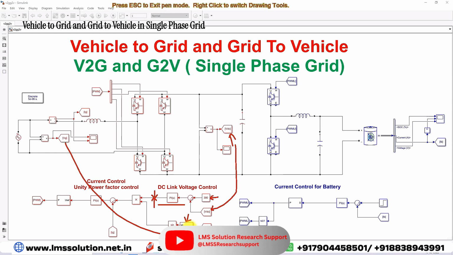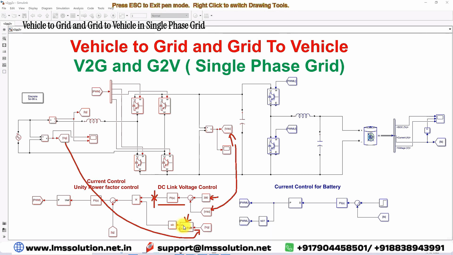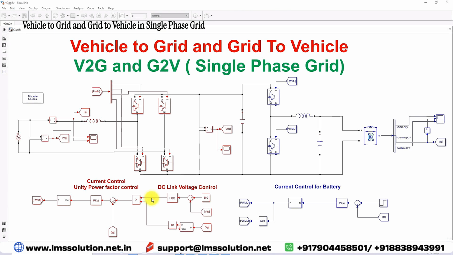PLL is nothing but phase locked loop, and by using the PLL, we generate omega t, and the omega t is processed via a sine block. That means we are calculating sine omega t. It generates a sine wave, that means a unity amplitude sine wave. When we multiply it with the peak reference current, we get the actual reference current in sinusoidal nature. It follows the nature of the grid voltage.